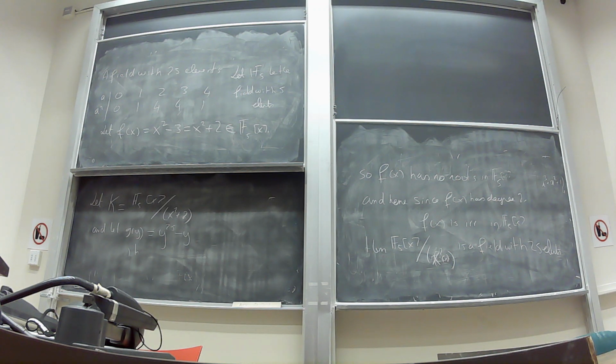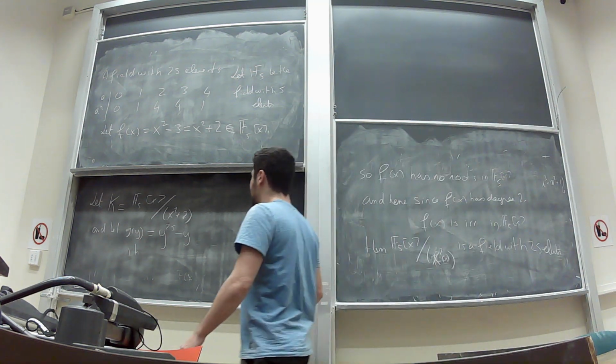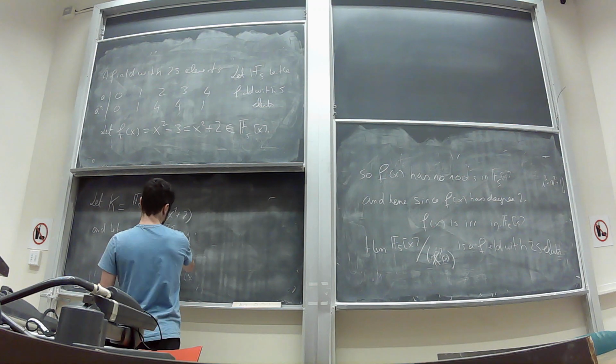Slightly complicated. Now, how many roots does g of y have in K? At least one. Yeah, sure, 0 and 1.